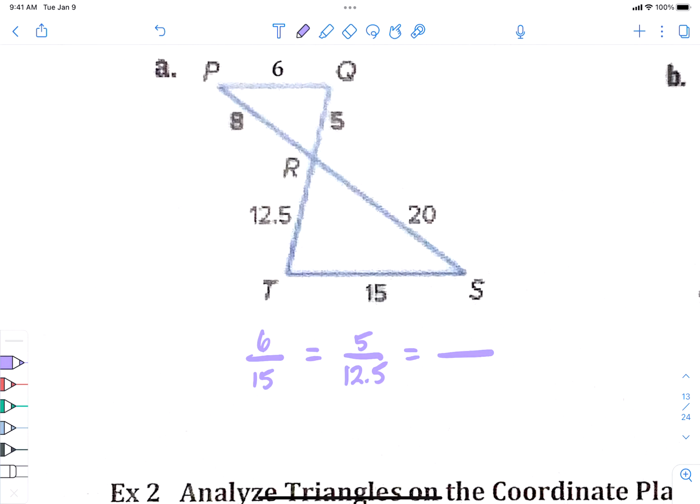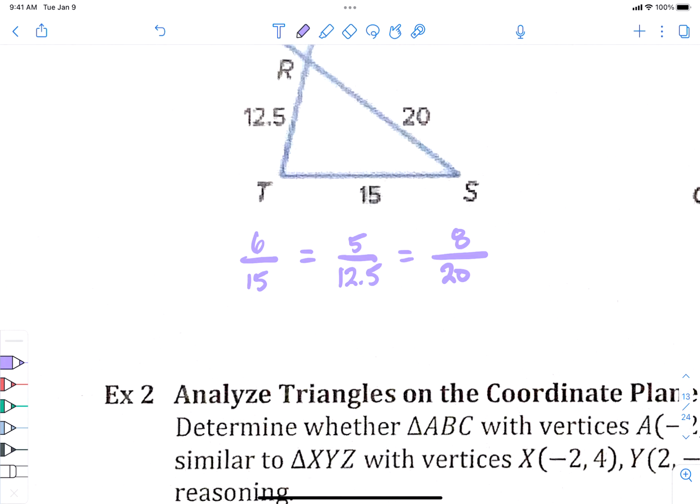And next? 8 over 20, right? Because those are kind of rotated a little bit, okay? So if we reduce those, 6 and 15, I think that's 2/5 or 0.4. 5 divided by 12.5, if you do it in your calculator, I'm going to give you a little hint, it's 0.4. 8 divided by 20 is also 0.4, okay?